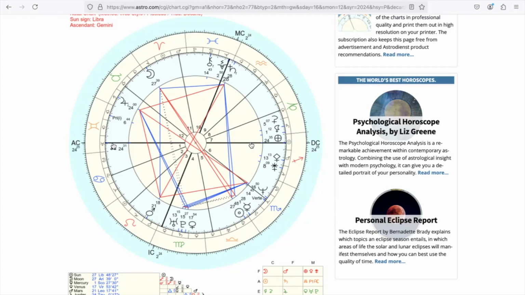This is the horizon, right? This is the axis line, the midheaven, and the IC, the Imum Coeli. Okay. And these angles are connected to certain energies, signs, planets, houses.